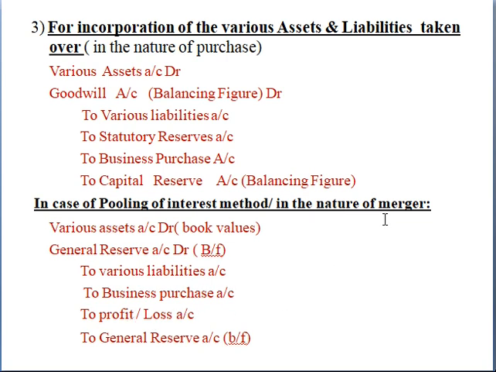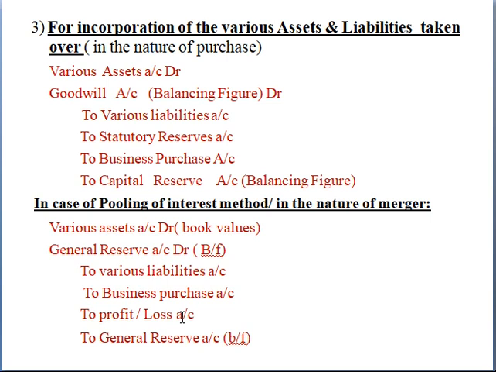See here, in the nature of merger, even the reserves and surplus are taken by the purchasing company. But in case of nature of purchase, reserves and surplus will not be taken over. Only the statutory reserves will be taken over by the purchasing company. So here the entire reserves and surplus will be taken over, so write it as to profit and loss account.